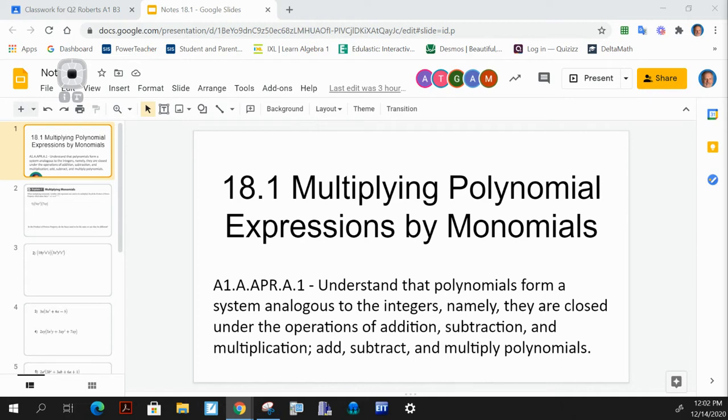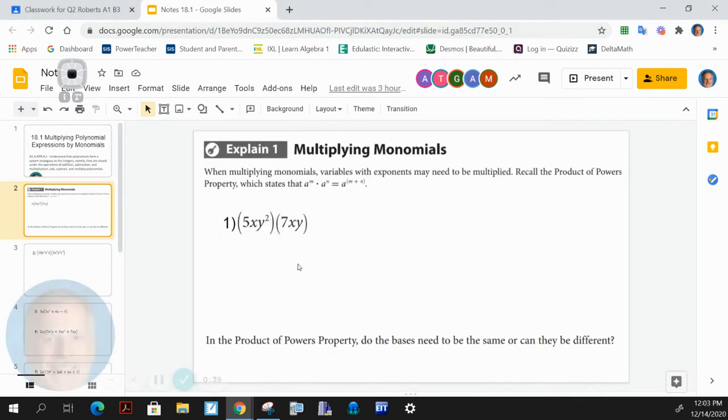So what we want to do is look at a series of problems here, and this is the first one, on the screen in front of you. It is 5xy squared times 7xy. So on your paper, if you would please write that down, and I'll do likewise.